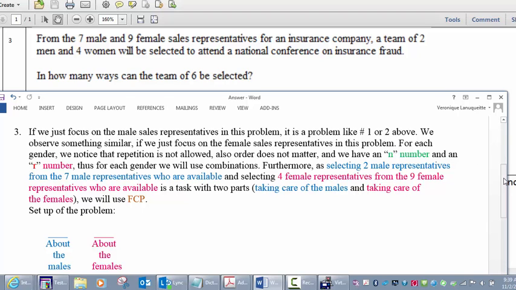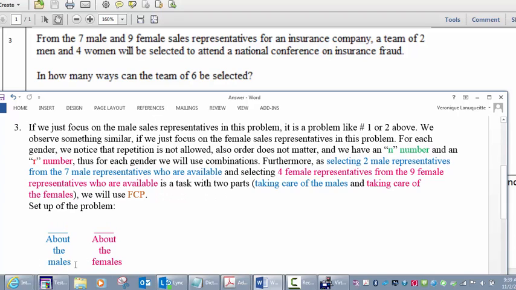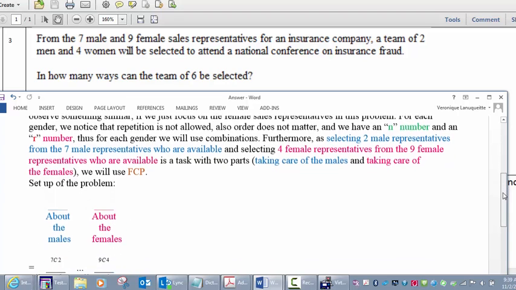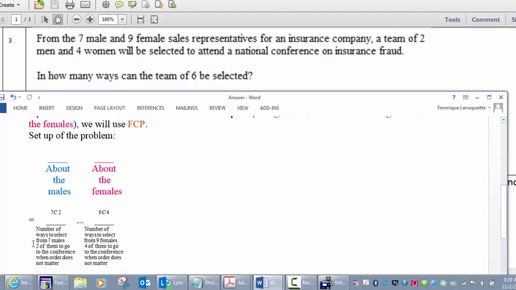So what I did is I set up the problem this way. I had a little blue spot for the males and a little pink spot for the females. And now let's see what we have. I filled in each one of the spots. For the number of ways to select from 7 males, 2 of them to go to the conference, when order doesn't matter, I put a 7C2 entry, which we can compute in the calculator and find that this is worth 21.